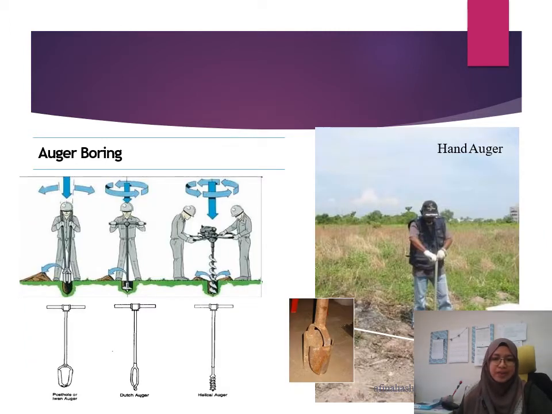So this is the picture of hand auger on the right side, and this is the auger boring, either manually or mechanically operated. Mechanically operated means it requires the power of the machine to advance the borehole into the ground.